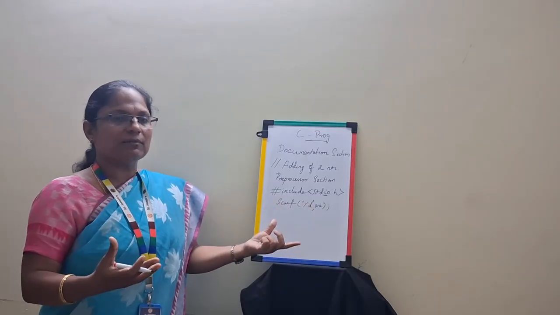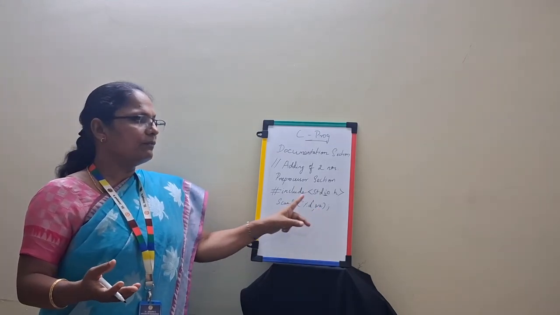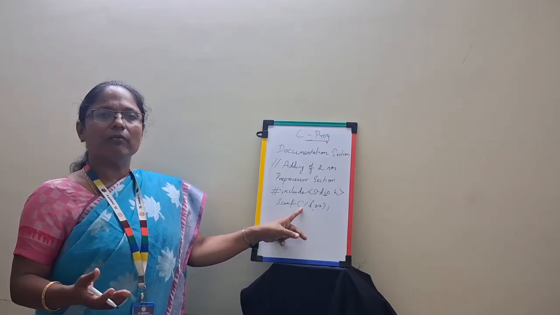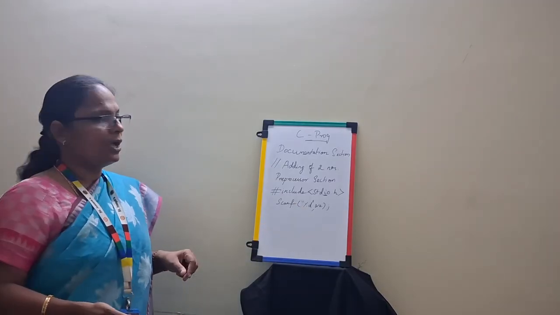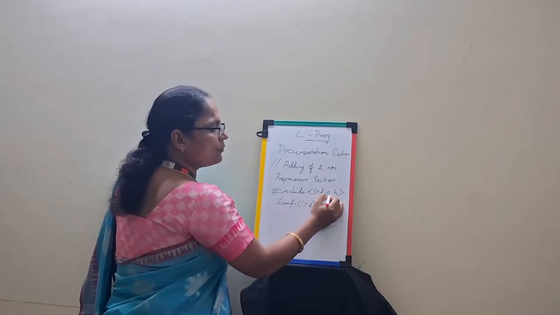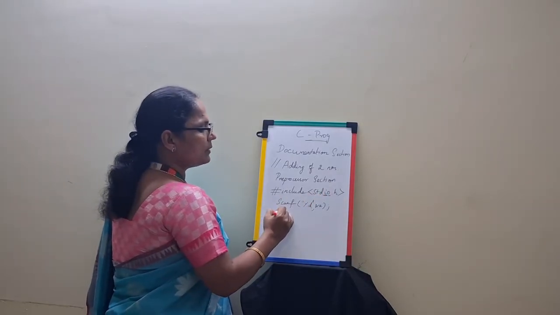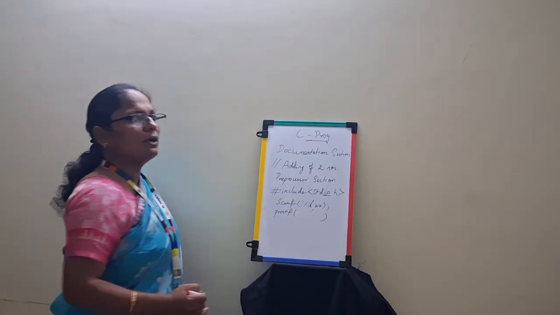So I input some data in a, any integer, for example 10. That 10 will be read with the help of the format specifier, that is percentage d. So similarly, this is for I. Now let's go for O. O is nothing but output. So we go for a function called printf.